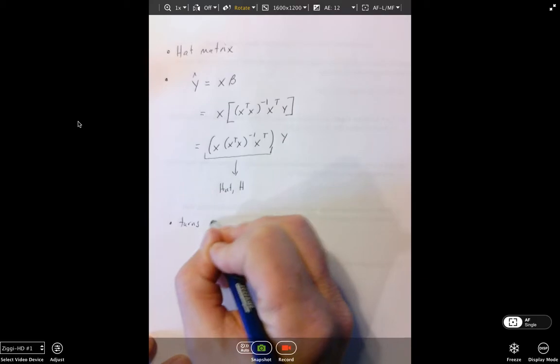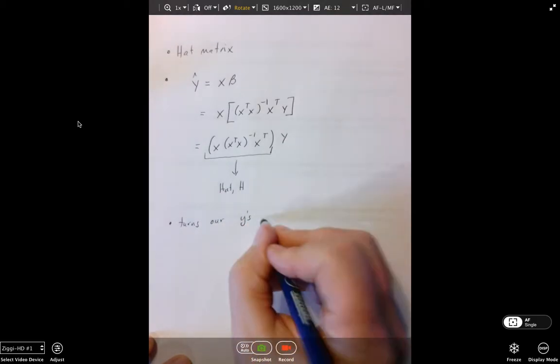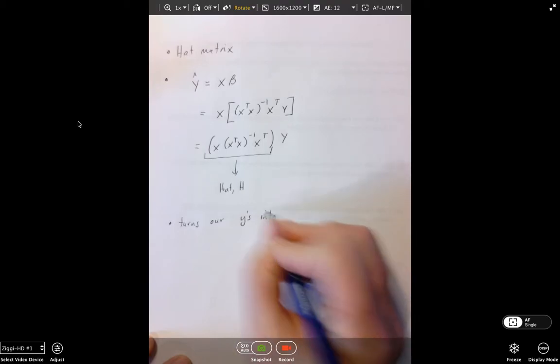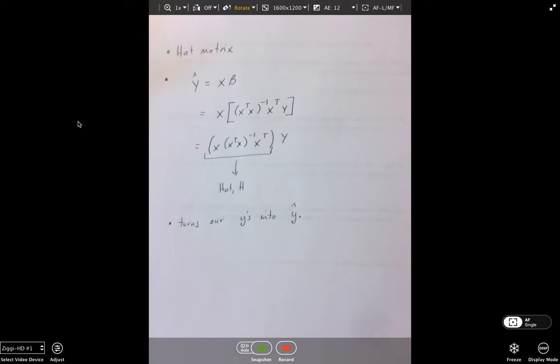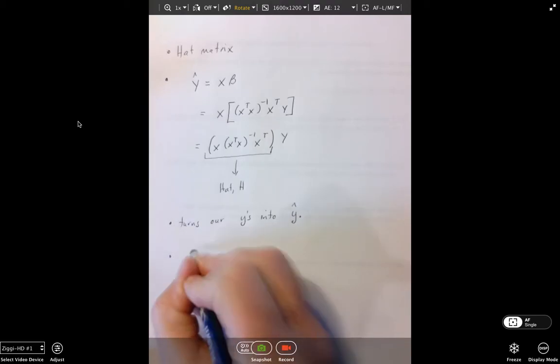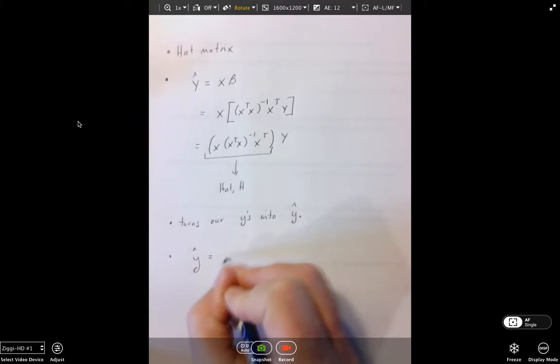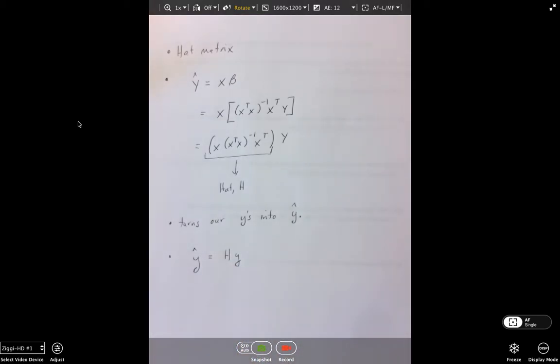It turns our y's, our observed values, into our predicted values. So we can simplify this by saying that y hat is equal to our hat matrix times our y's.